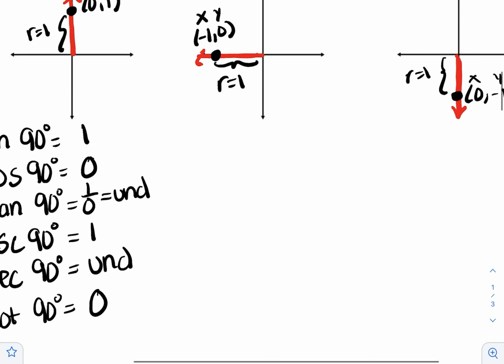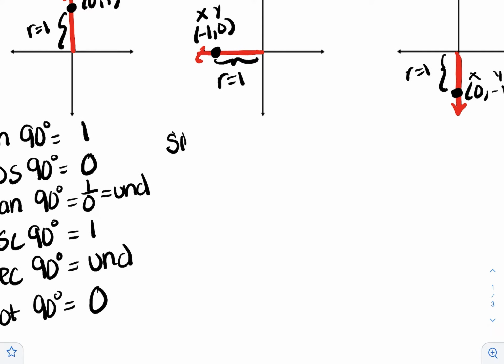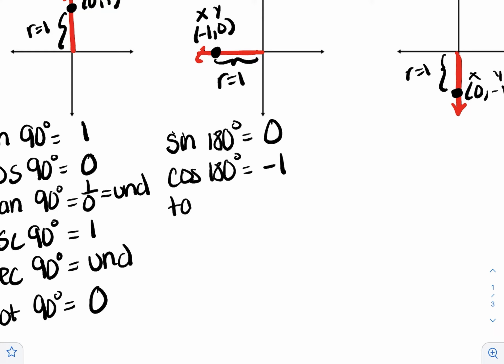Okay, let's do the next one. The sine of 180 degrees, 0 over 1, is 0. The cosine of 180 degrees, negative 1 over 1, is negative 1. So be careful now because the negative is there. The tangent of 180 degrees is going to be y over x, so 0 over negative 1 is 0.